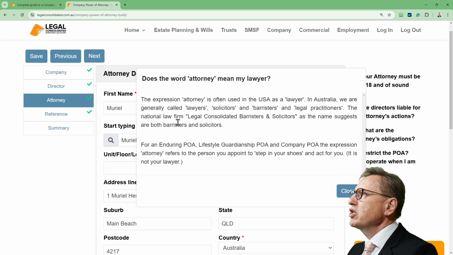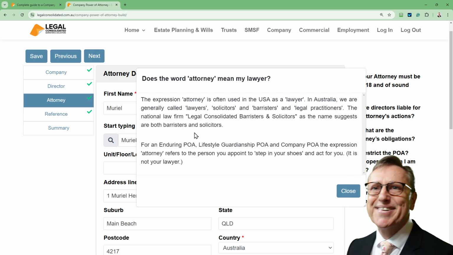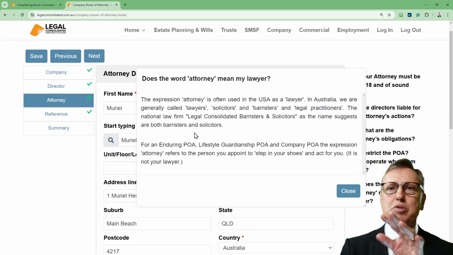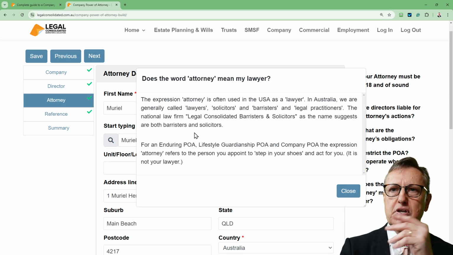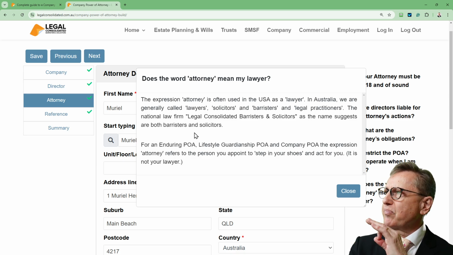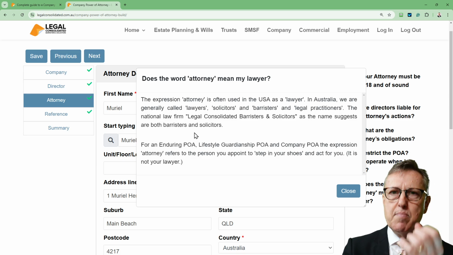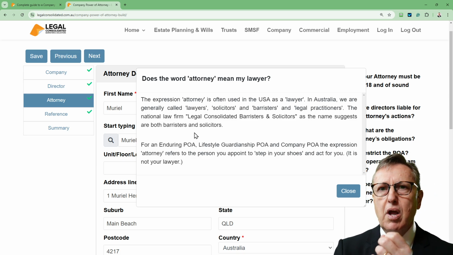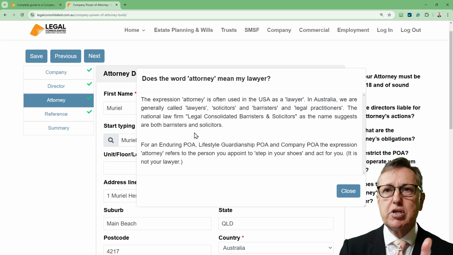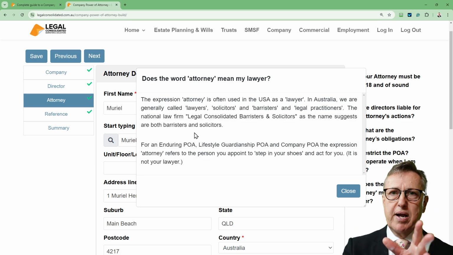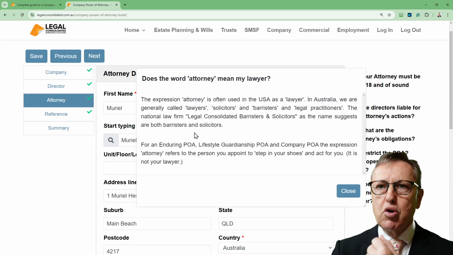Does the word attorney mean a lawyer? This is a common question with enduring and medical powers of guardianship as well. The term attorney is an American term for a legal practitioner. I sit on the legal practice board, and we call lawyers legal practitioners.